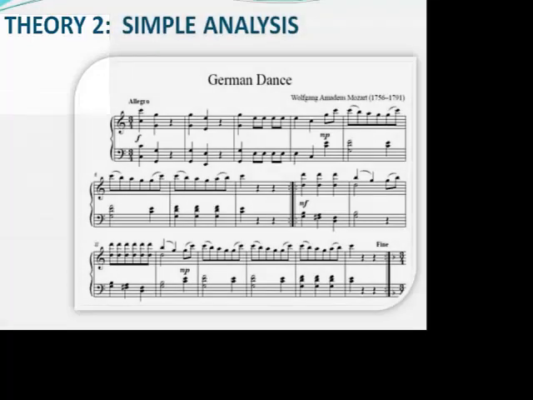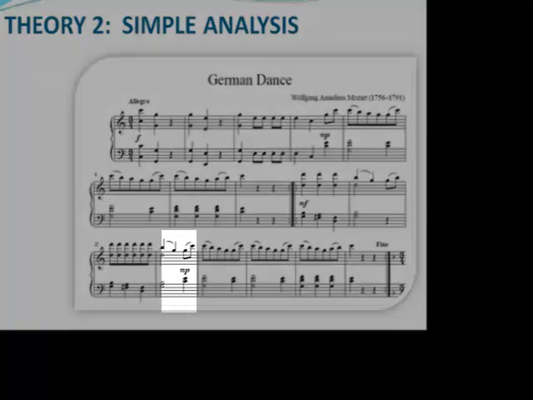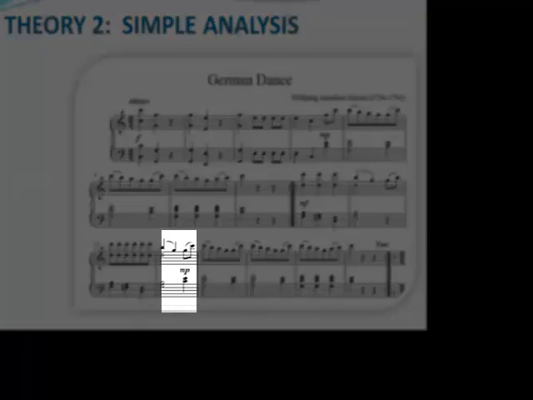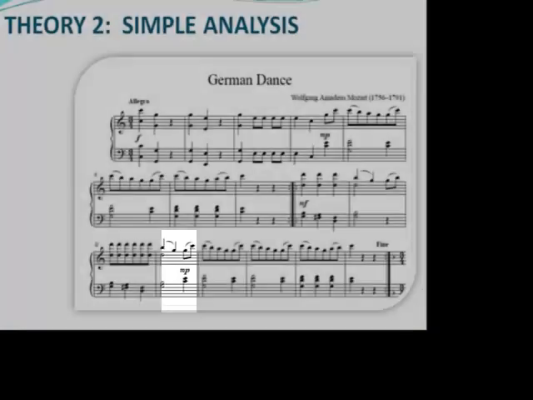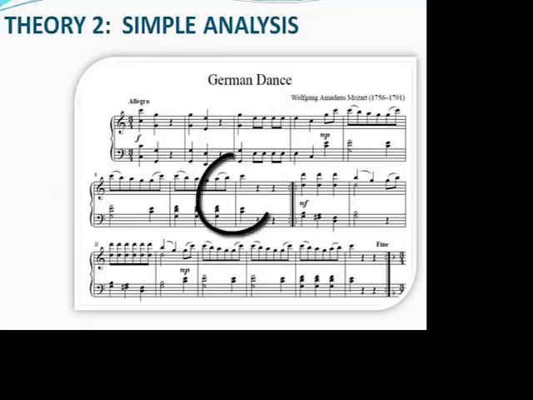You may be asked to identify and circle a C major triad. Another question may be to label and identify a cadence. And here's where your cadence would be. You may be asked to find specific intervals, for example, to find and label a major third, or to find and label a perfect fifth.